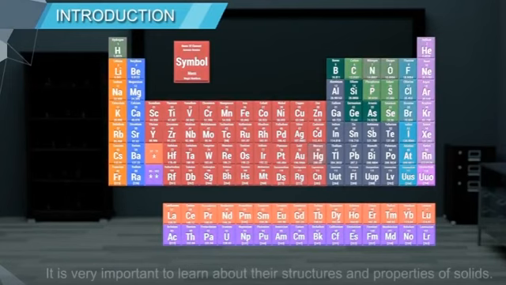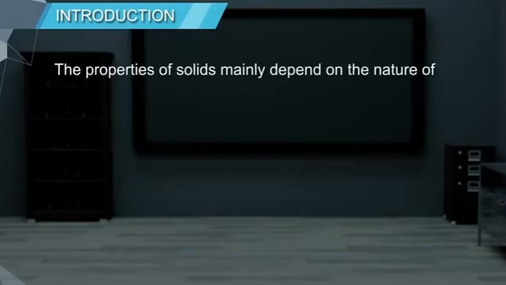Only 11 gaseous elements. The rest, some are liquid, which are exceptions like mercury, as highlighted earlier, but the rest is all solid. So it becomes very important for us to learn about their structures and their properties.